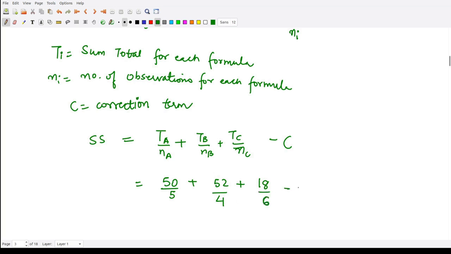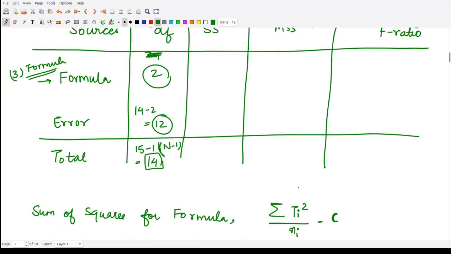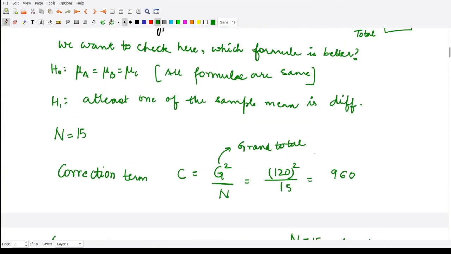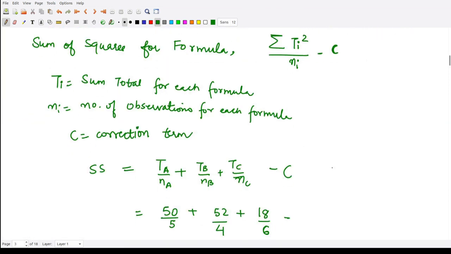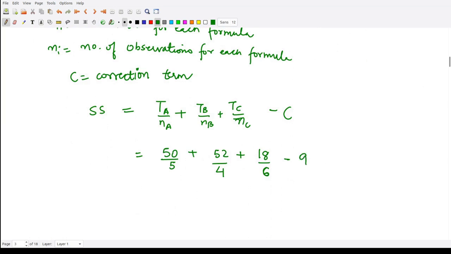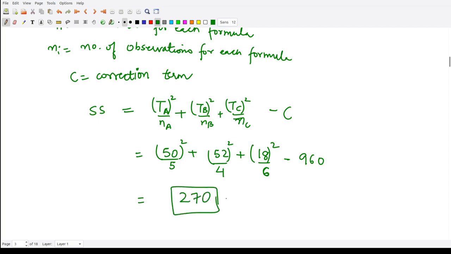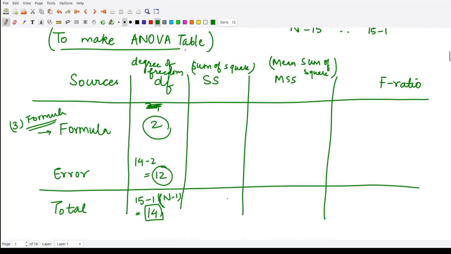The correction term we have calculated to be 960, so minus 960. Moreover, we take the square of these quantities. When you calculate and solve this, it is equal to 270, and you will write it over here.